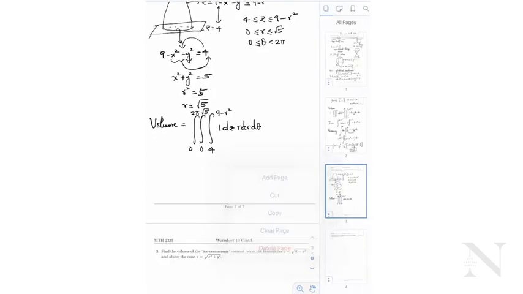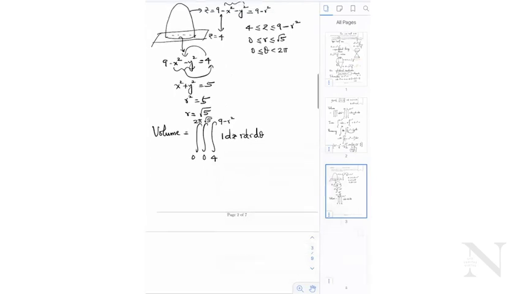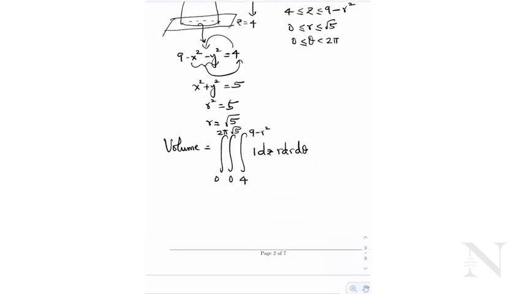The innermost integral is the height. There is absolutely nothing challenging in these integrals, so I'm doing it fast. This is 5 minus r squared, that's the height.